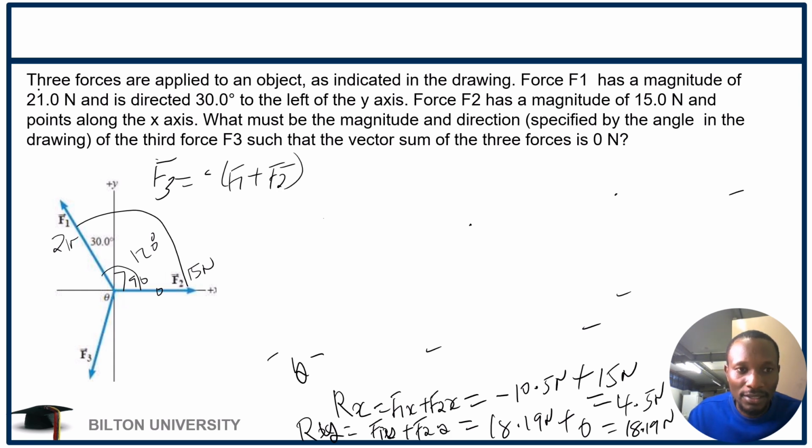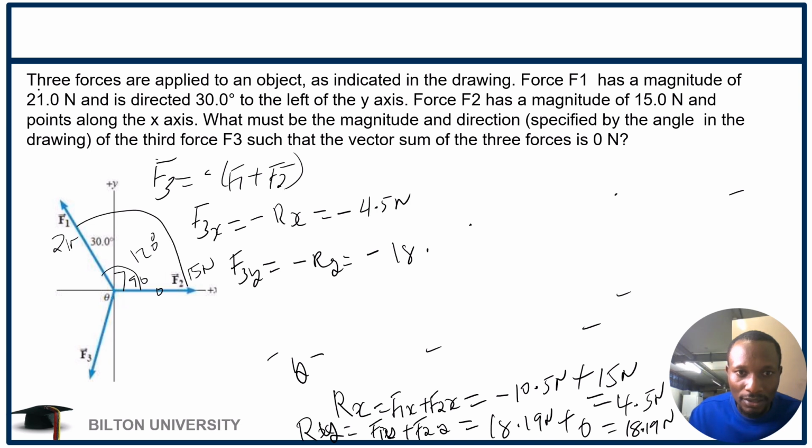So the magnitude of F3x is equal to minus Rx, which is minus 4.5 Newton, because we found Rx as 4.5, and F3 in the y component is minus Ry, which is minus 18.19 Newton. So these are the components of F3.